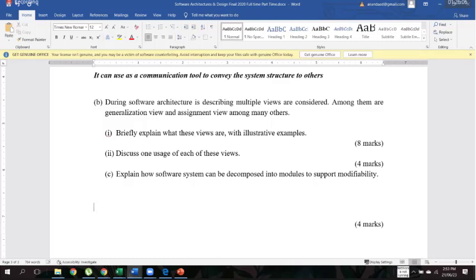How are we going to decompose the system to support that idea? That is, to make maintenance work easy in the future. So what should you do right now to decompose the system to support modifiability that comes in the future?